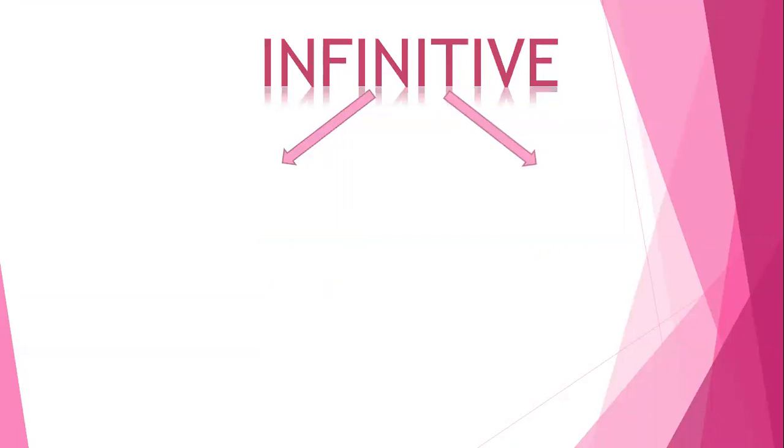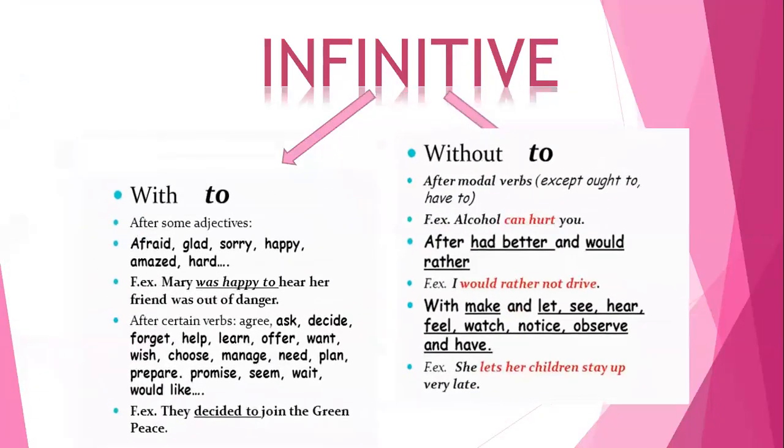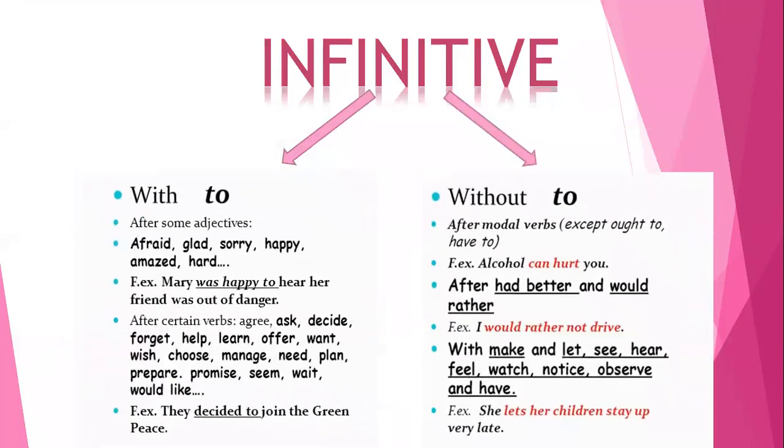Infinitive can be with to or without to. When we use infinitive with to, the first way, we use infinitive with to after adjectives. For example, Mary was happy to hear her friends were out of danger. Also after certain verbs like agree, ask, decide, forget, help, learn, offer.